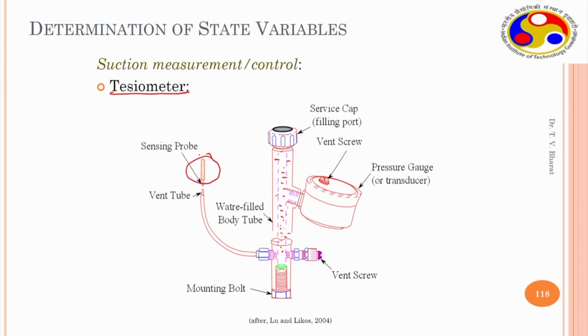I will discuss what exactly the sensing probe contains. This water filled body tube is connected to a pressure gauge. It has a service cap which can be opened to fill the de-aired water, and closed during the measurement.